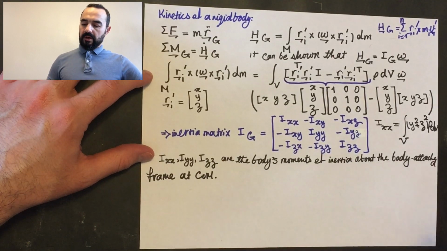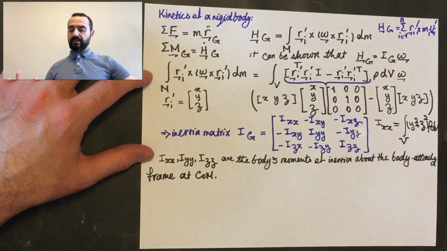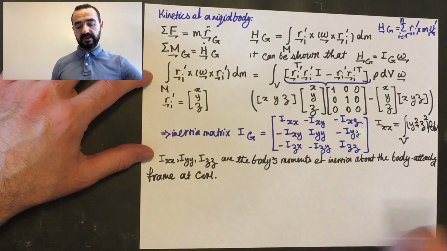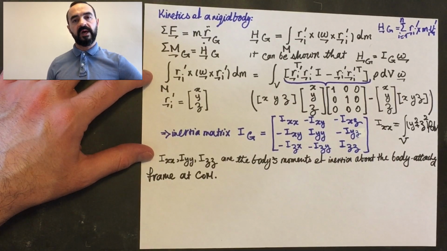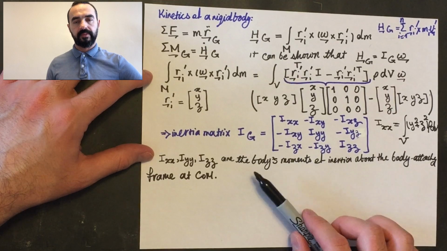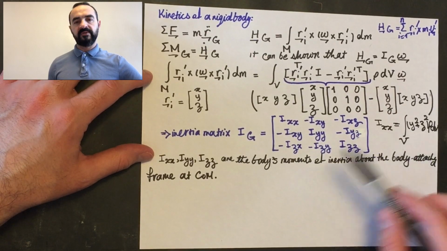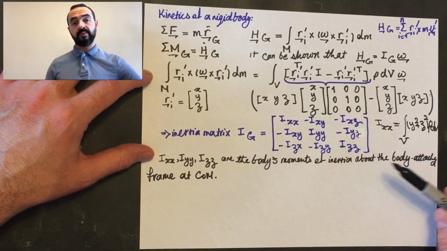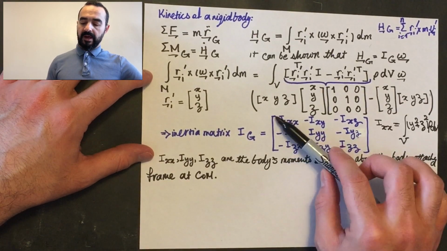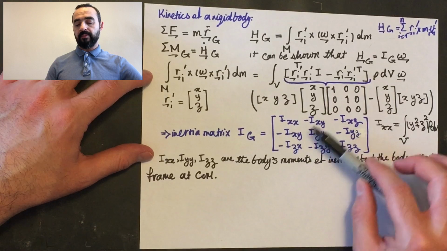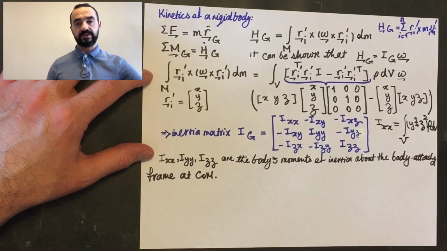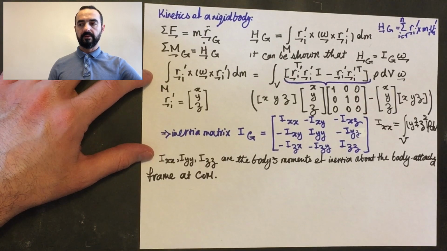And just one more thing about this matrix. Ixx, Iyy, and Izz are the body's mass moments of inertia. I just say moments of inertia, it's common. You can also call them mass moments of inertia. And the off-diagonal components are called products of inertia.